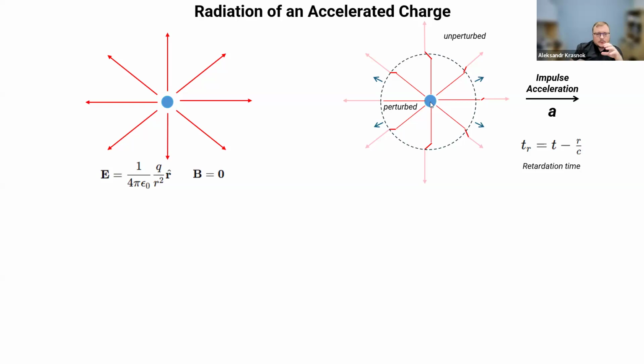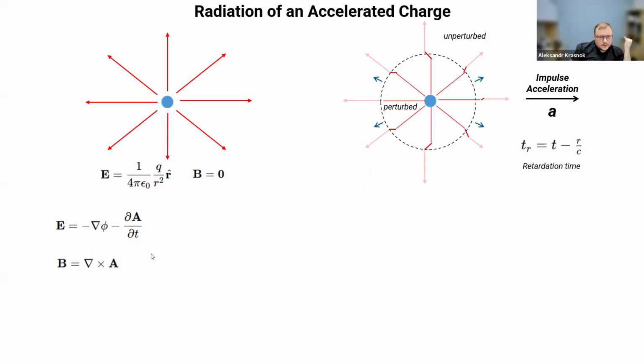It takes time for this information about this acceleration to propagate from the charge. So based on this fact and using Maxwell equations, we can derive the formulas for the electric and magnetic field in the entire space around this accelerated charge.